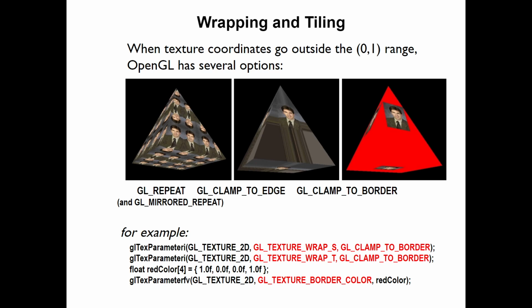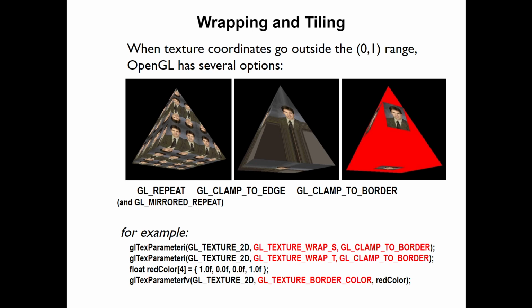Wrapping. So when the texture coordinates go outside the 0 to 1 range, there's still useful things we can do with them. And OpenGL has several options for that. In the case where you want a repeating texture, you can use GL repeat. So it'll just say, okay, imagine, as far as OpenGL is concerned, that the texture continues to repeat infinitely.